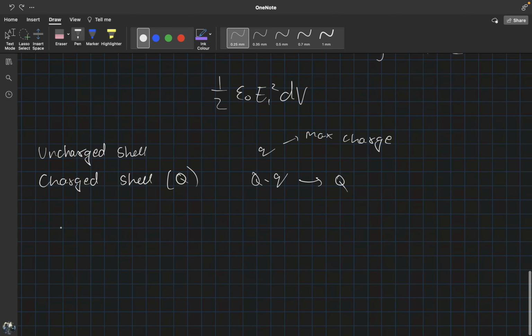You give charge Q, it gets a potential. I'll just take a general capacitance C. So C is equal to Q over V. So we know Q, right? So Q is equal to CV.